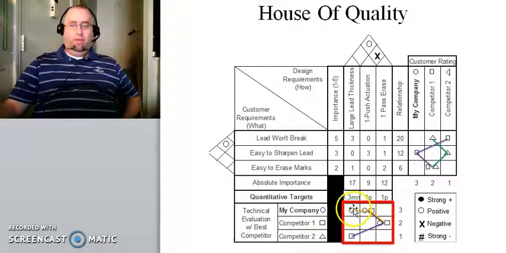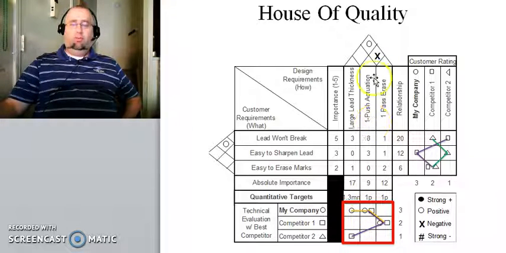So with my company, again, here's 3, 2, and 1, 3 being good, 1 being bad. With my company, the large lead thickness is far superior to that of competitor 1, because my lead thickness is 1.3 millimeters. This lead thickness is 0.7 millimeters. So I give myself a 3 and give them a 1.